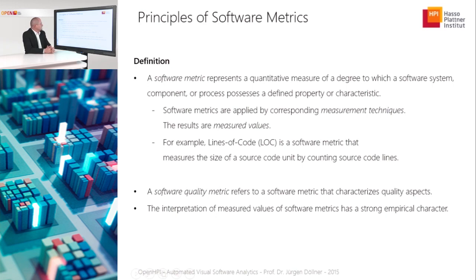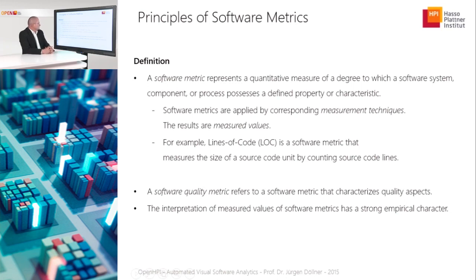Typically, the measurement techniques are automated, that is, these measures are taken for a whole system within a few minutes or seconds. And the results are measured values, numerical values. For example, the metric lines of code measures the size of a source code unit just by counting the number of lines used to implement a source code unit.